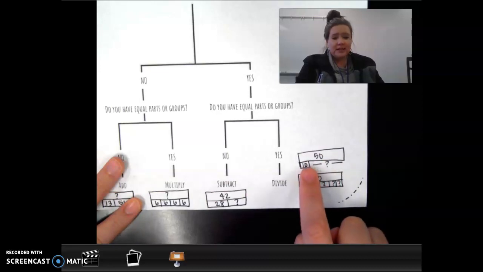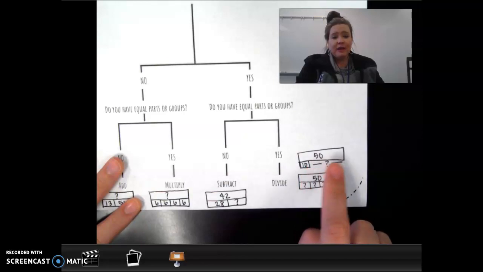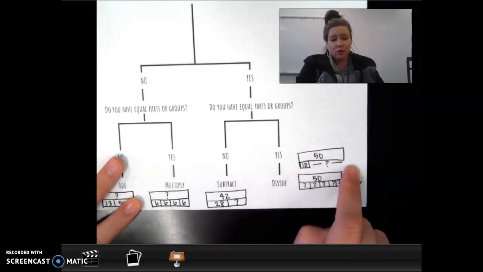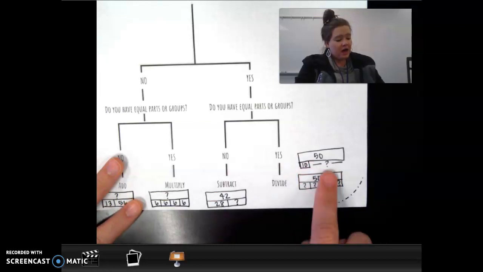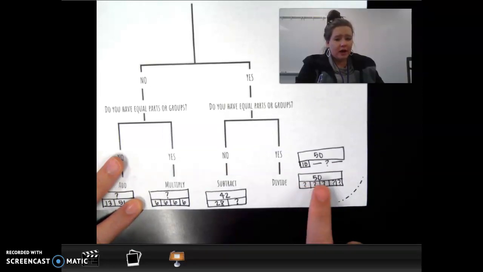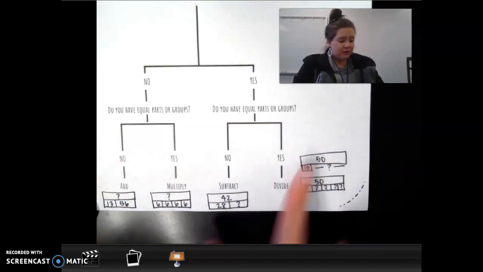I know that there's going to be 10 in each group. I'm trying to figure out how many groups there are. So I can't put my groups here because I don't know how many groups there are. In this one, I know that I have 5 groups, 1, 2, 3, 4, 5, but I'm looking for the group size. So I want to know how many are in each group, how many are in each part, okay? So those are different examples of division.